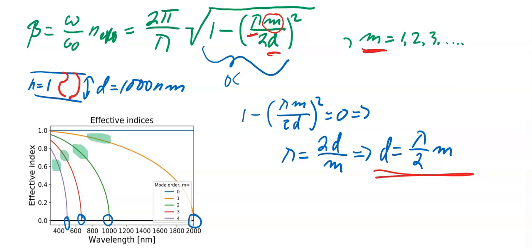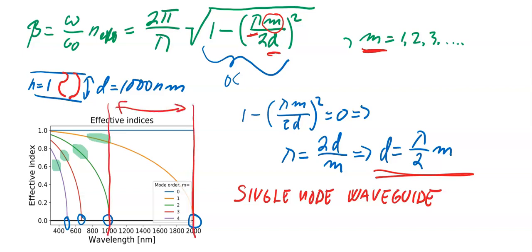Often we are interested in a so-called single mode regime. It means that the dimensions and wavelengths are such that only one mode can propagate in the waveguide. And in this example, such a region is here because M is 1, mode is the only mode.